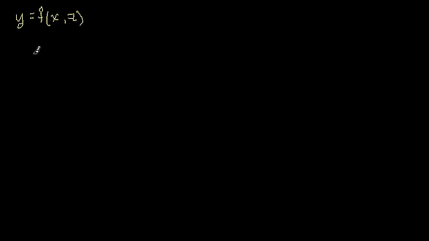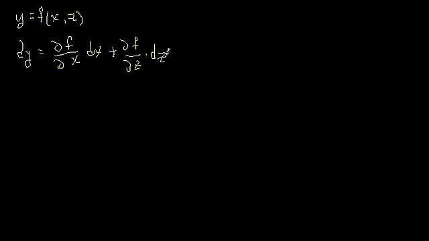And we want to define the total differential of y, and that's written dy. And the total differential of y is defined this way. It's defined as the partial derivative of f with respect to x, the first variable, times a small change in x denoted by dx, plus the partial derivative of f with respect to z, the second variable, times dz, which represents a small change in z.